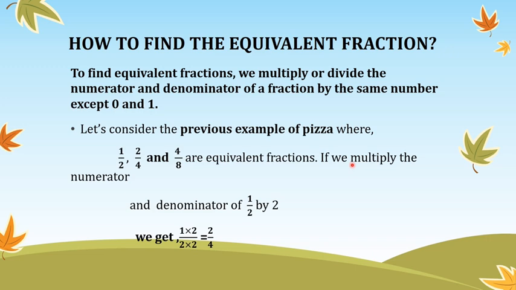If we multiply the numerator and denominator of 1 by 2, that is Rohan's part, by 2, then what do we get? 1 by 2, 1 is the numerator, 2 is the denominator. So we are going to multiply the numerator and the denominator by the same number, that is by 2 only. So we get 2 by 4, which is the part of pizza eaten by the first friend.